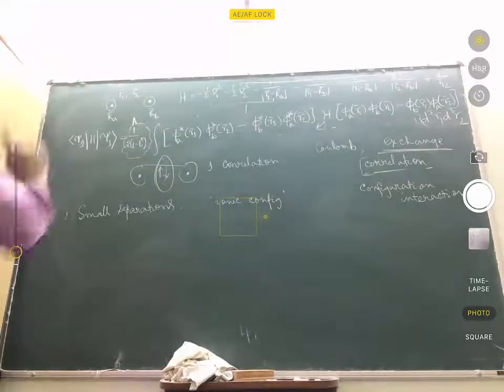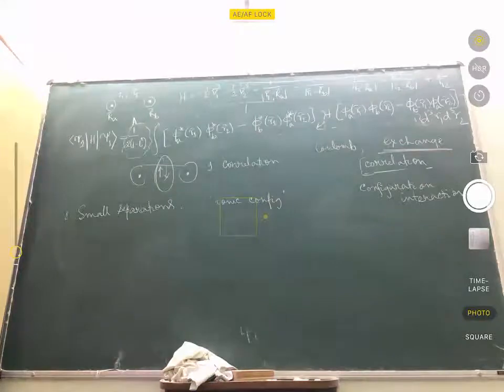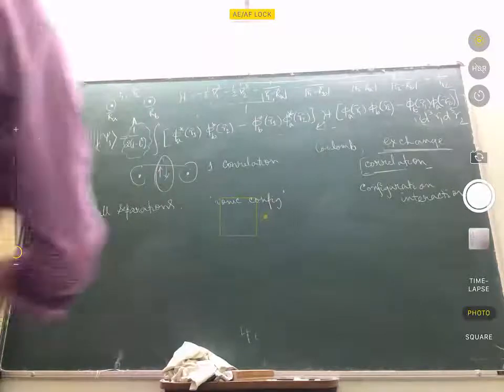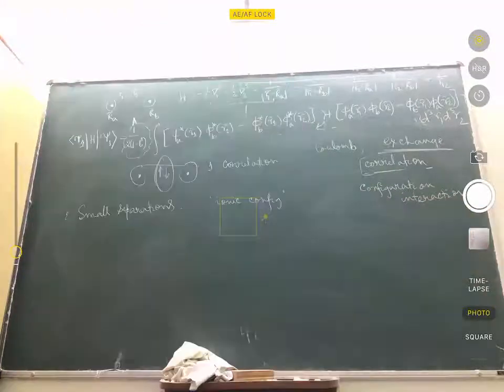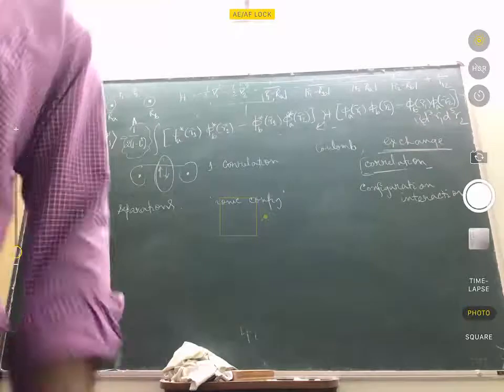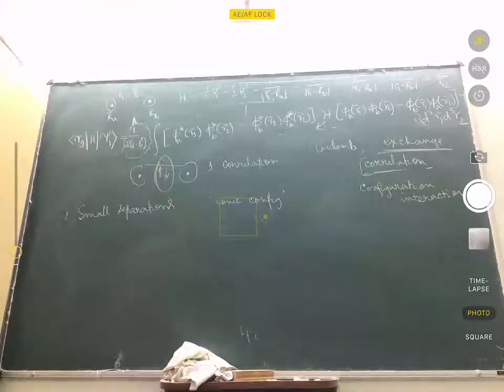So in Heitler-London theory, you do not consider such ionic configurations, but at small separations, it is possible that at some time, both the electrons are on the same atom. Of course, it will cost energy because they will experience Coulomb repulsion because of each other more. But as we will soon discover, this has some other effects, other consequences.